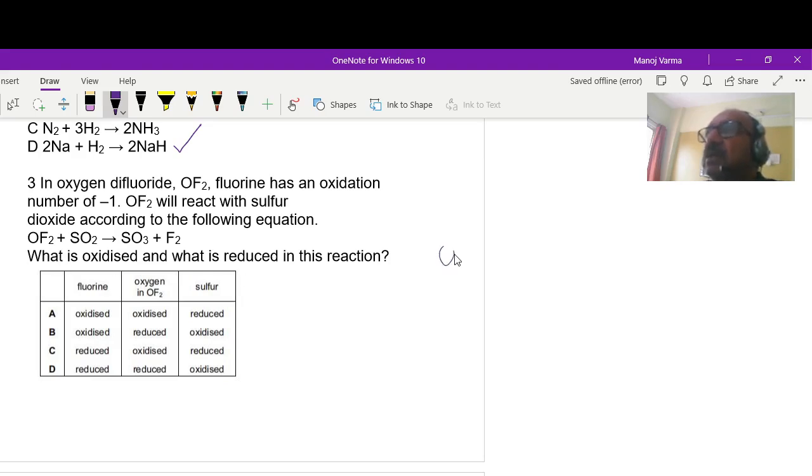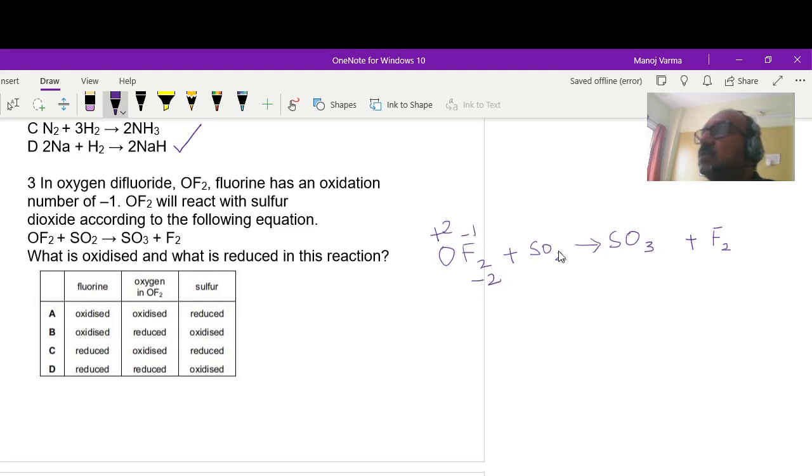So let's work out the oxidation numbers because that's the way for solving. So I'm writing down the equation once again, and now I will be a little bit faster because you already understood the main ideas. So here oxygen is +2, because fluorine is -1.